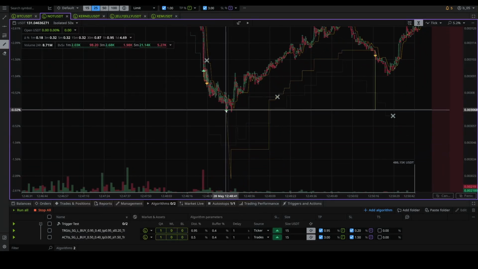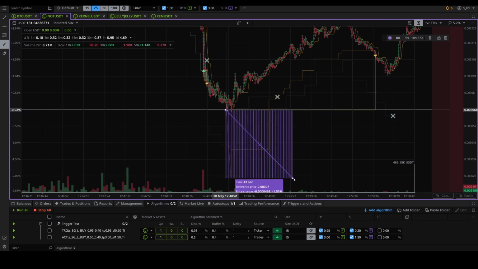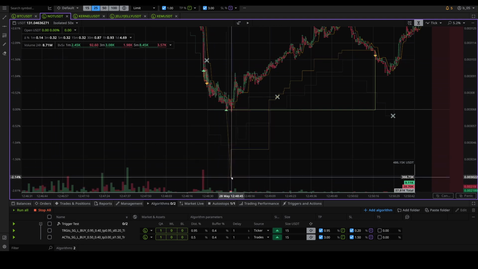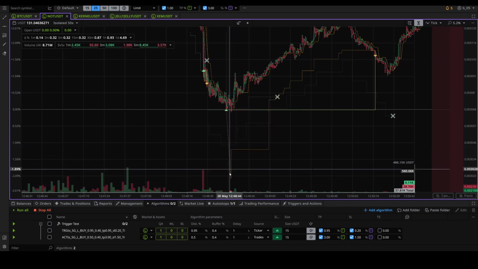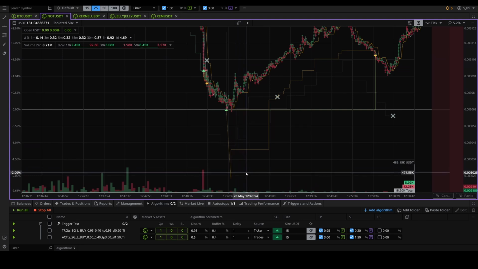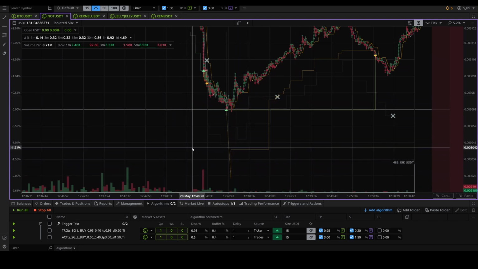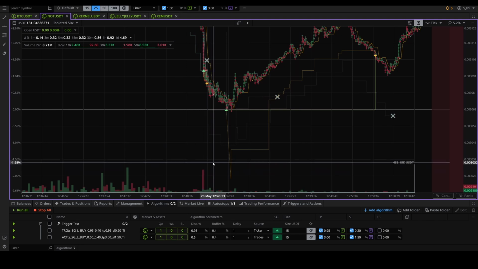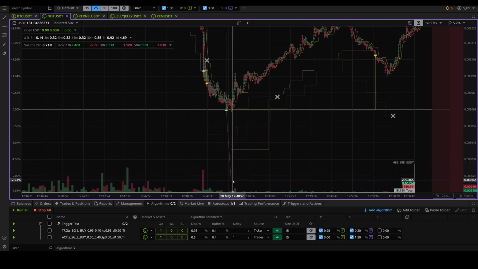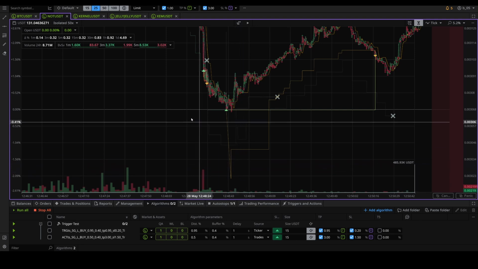Here we have the initial stop loss set at 1.5%, which is exactly as the algorithm said. Now, what happened here? Why did it immediately jump up? Well, that is because I'm on the latest release of Moontrader, and it does not allow you to place stop losses below the liquidation line.